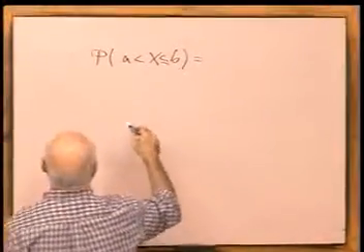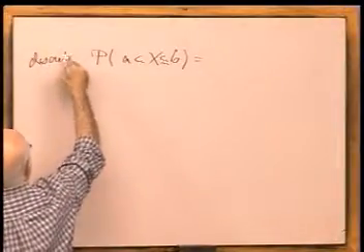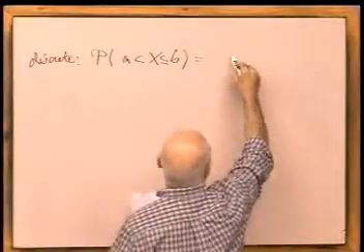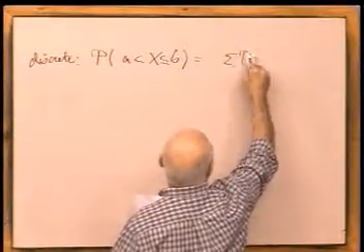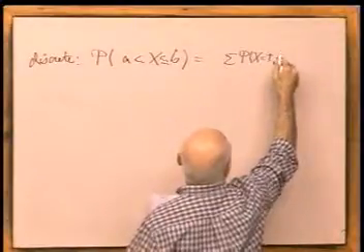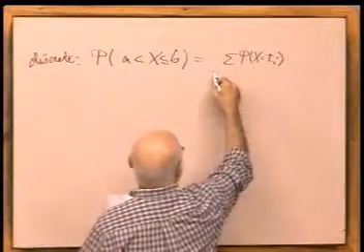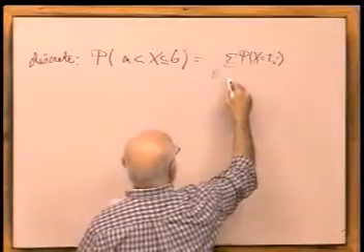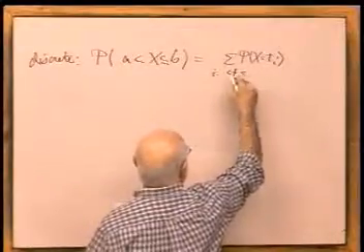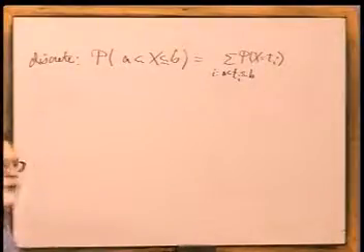So suppose x is discrete. What you do is you would calculate the sum of the probability that x equals a particular value t sub i, and I would add it up over all values of i such that t sub i lies between a and b. I mean, that's what you've been doing all along.